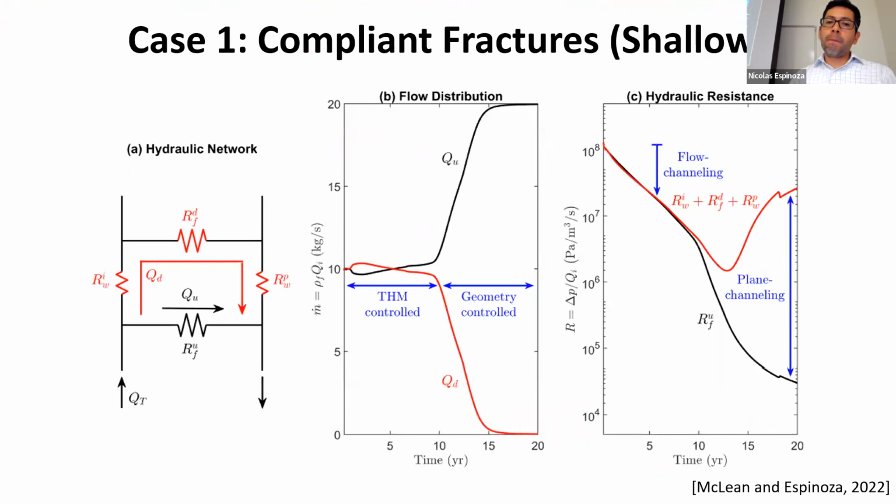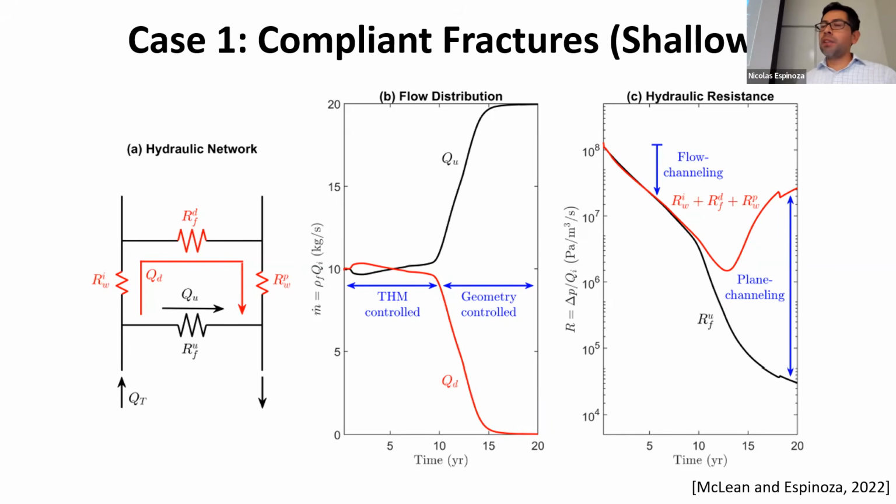Now, if we take a look at that from the point of view of a resistance analogy, where this is our upstream fracture and this is our downstream fracture. Basically, what is going on here is as the fracture opens, the upstream fracture takes more and more fluid, and nothing goes to the downstream fracture because there is more resistance to go through there.